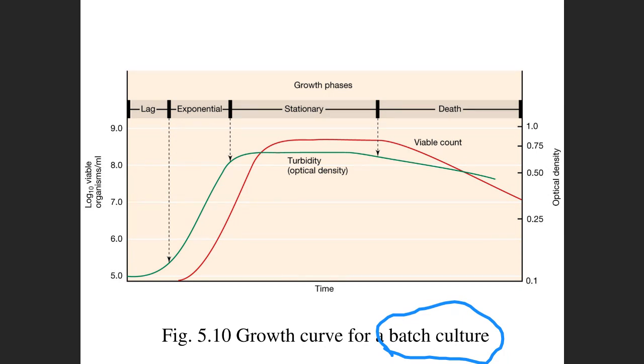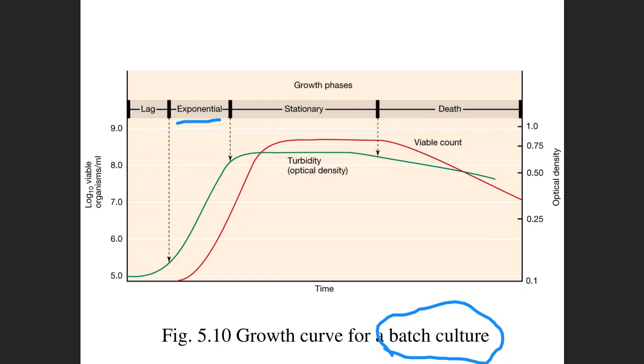Once they adapt to this new growth environment, they go into an exponential growth phase, where they go by 30 minutes per generation, 1 to 2. And so this area is more or less a straight line. And this slope visualizes how fast the bacteria is growing.